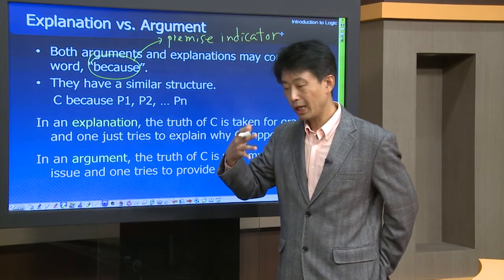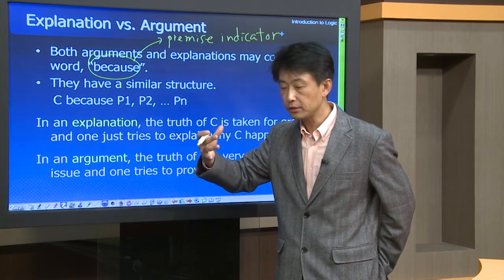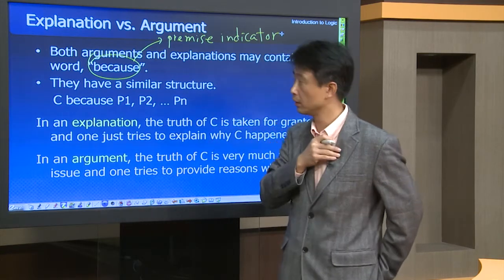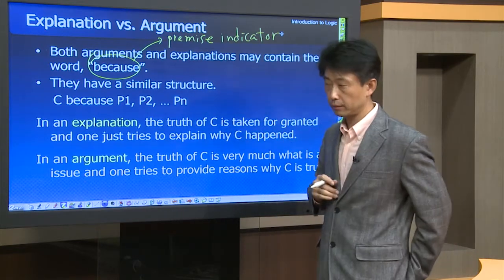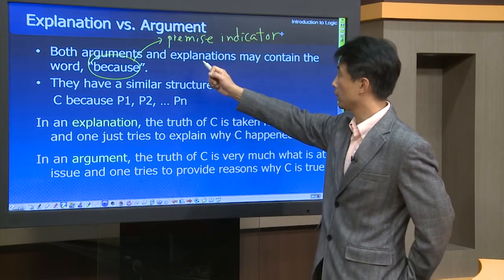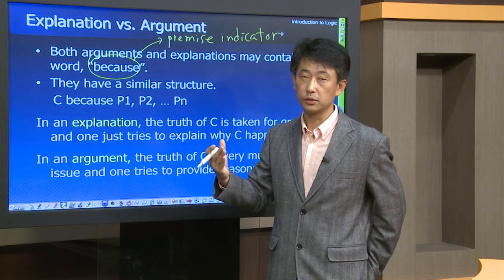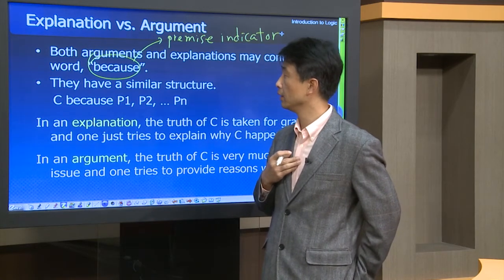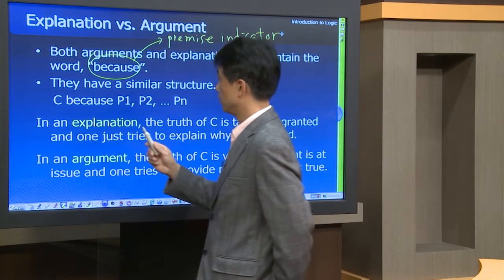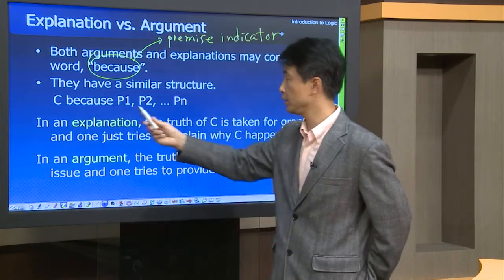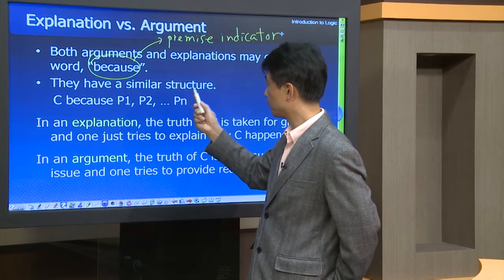So because indicates that what follows after because are the reasons that you take to support the conclusion. So that's why it's called a premise indicator. But in an explanation, we see because too. So that's why it's confusing. Okay? They have a similar structure. Both of them have this kind of structure: C because P1, P2, ... Pn.